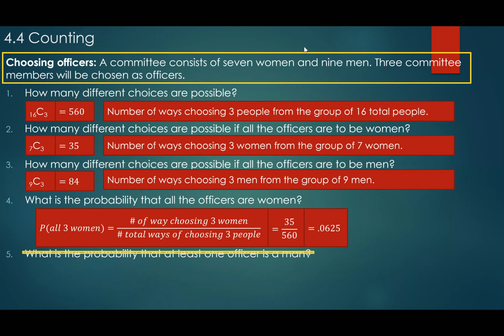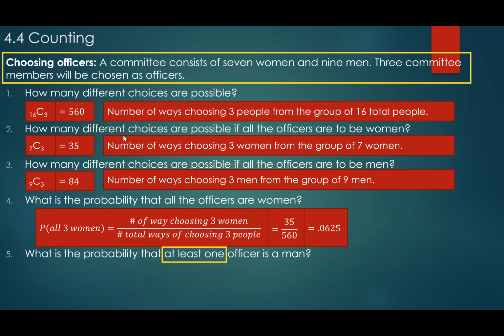All right. If you don't have questions, let's take a look at number 5. In number 5, they ask you, what is the probability that at least one of the officers is a man? So at least one, if you remember the at least one word, that's your keyword. It's one of the keywords from our probability, which is the word or, the word given, the word and, and now the words at least one.